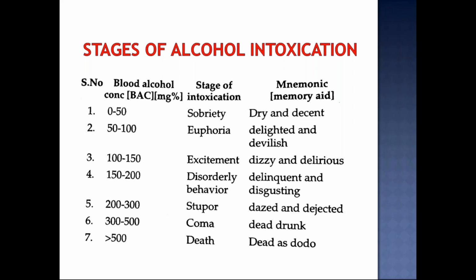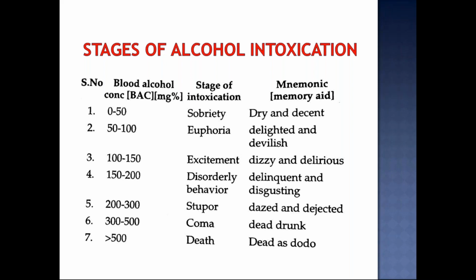If the blood alcohol concentration is from 50 to 100, then he will be in euphoria, where his mood will be elevated. He will be delighted and devilish. If the blood alcohol concentration is about 100 to 150, then he is in the stage of excitement, where he will be dizzy and delirious.